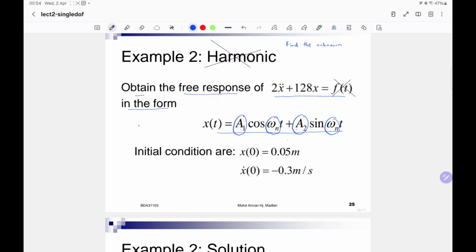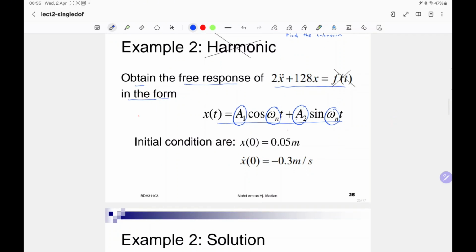It wants you to find the unknowns, because it already gives you the initial conditions: x naught is equal to 0.05 and x dot naught is equal to negative 0.3.